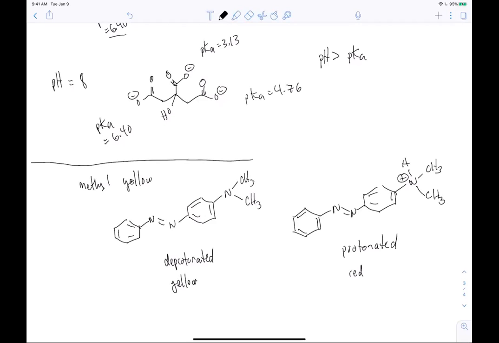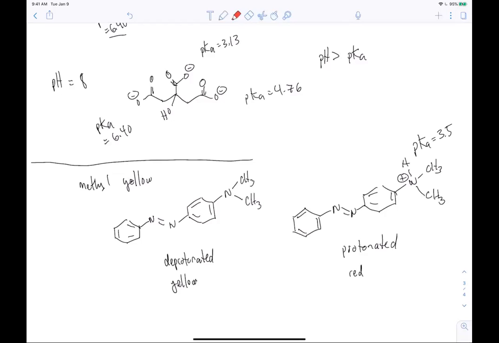Pull the pKa of methyl yellow here. Let's say its pKa is 3.5. So we could say that the pKa of this is equal to 3.5.